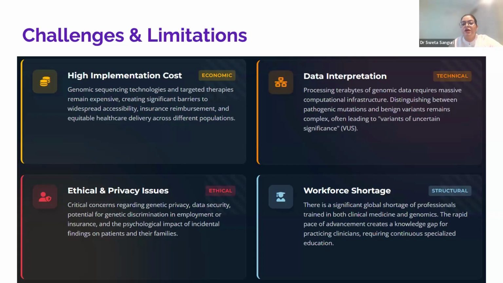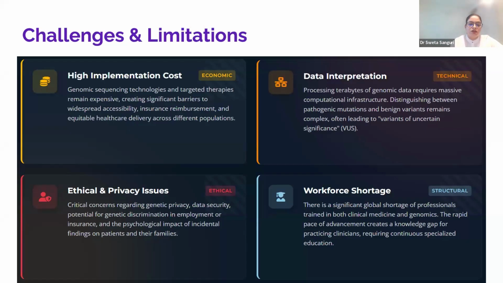It is a barrier because VUS is a kind of in between. We know that there are variants which are different from the normal genotype, but we still don't know if they cause any pathogenicity, if these variants of uncertain significance will cause any problems. So data interpretation is also very difficult because the data is huge.